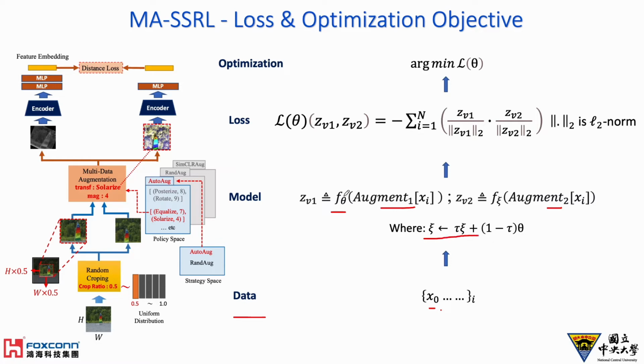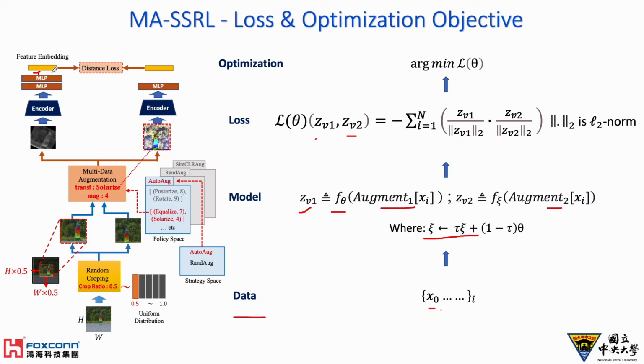After we have the output from the neural net, we apply this output representation to the multi-layer perceptron, which continues processing and produces the last output, the latent representation, denoted ZV1 and ZV2 for the two encoders.